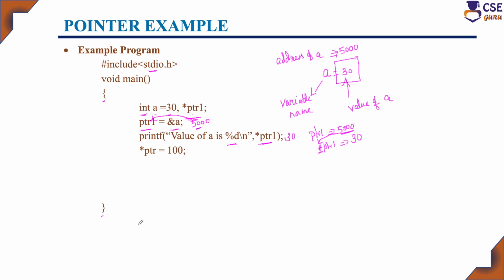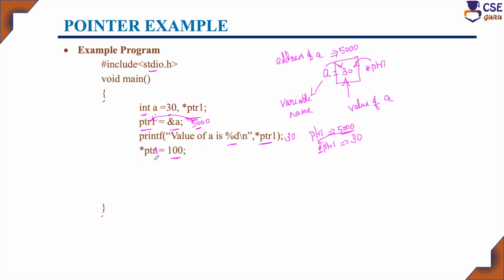Suppose I reinitialize through this pointer variable, *ptr1 = 100. In this memory location, a has value 30 and *ptr1 also has value 30.